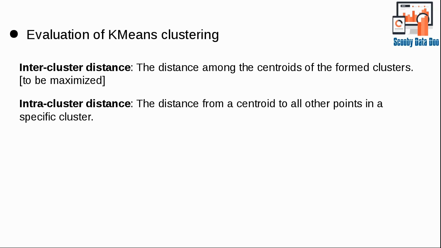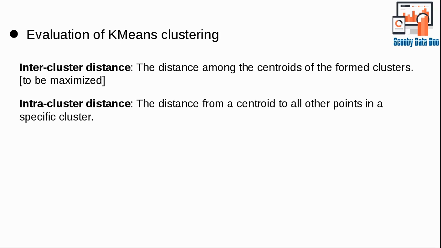So if we have 5 clusters in our clustering scenario, then that would be the average distance among those 5 clusters, and the parameter of calculating distance of these clusters would be the centroids of the clusters, and that is expected to be maximized.